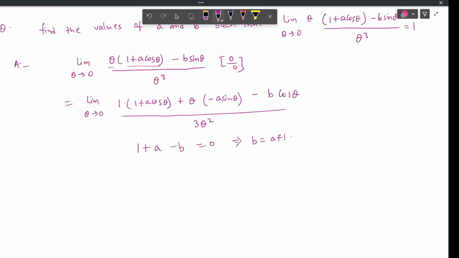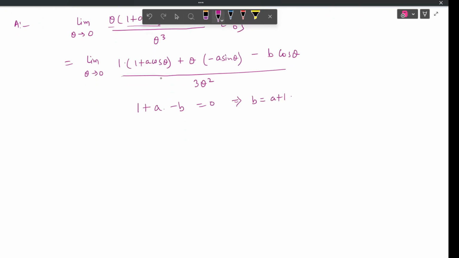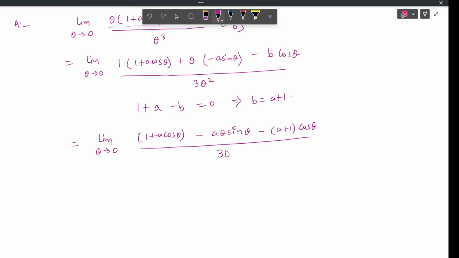Okay, so in that case our equation would be limit theta tends to 0 of 1 plus a cos theta minus a theta sin theta, and this b can be written as a plus 1, so minus (a plus 1) cos theta, divided by 3 theta square.